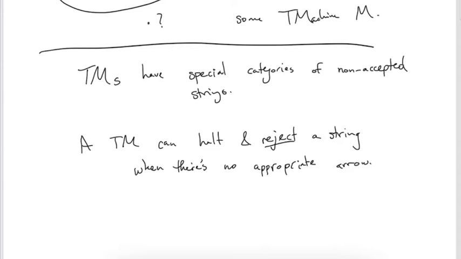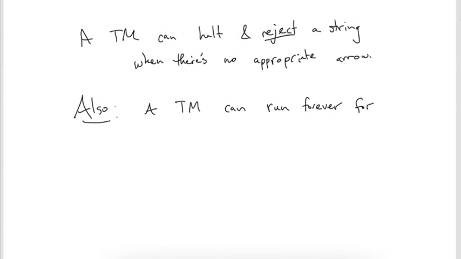So actually on a Turing machine there are accepted strings, there are rejected strings, but then there's a third category, which is not possible on the DFA or any of the other ones we've talked about. A Turing machine can run forever for certain inputs.